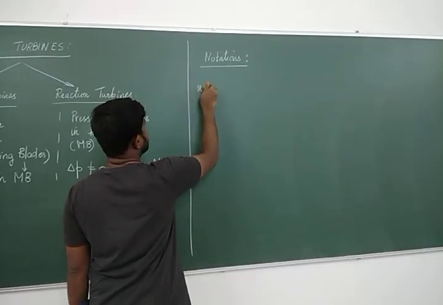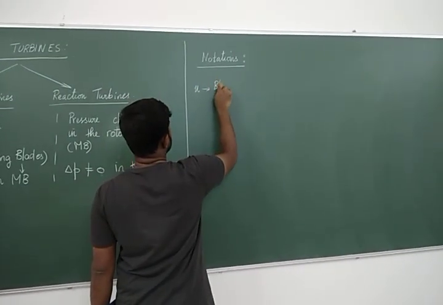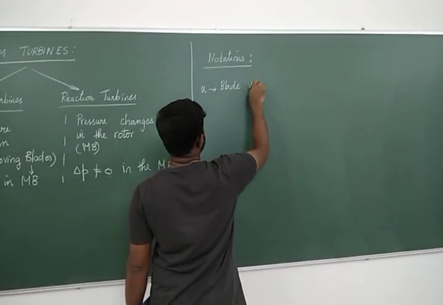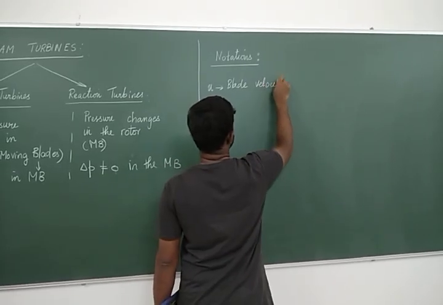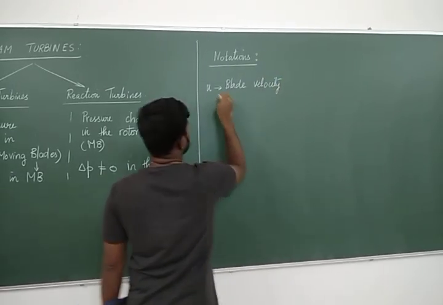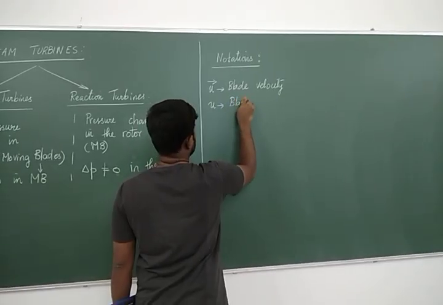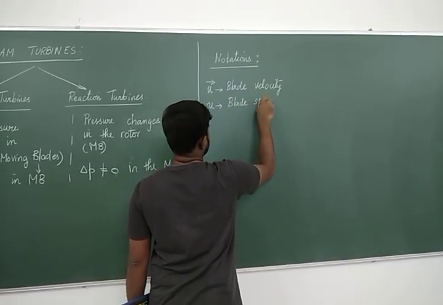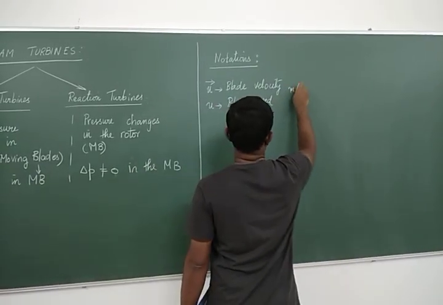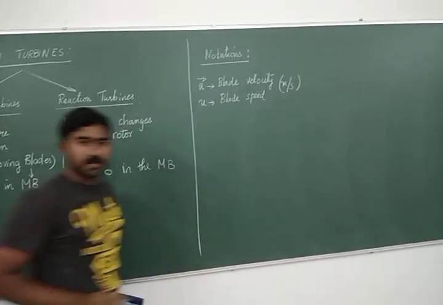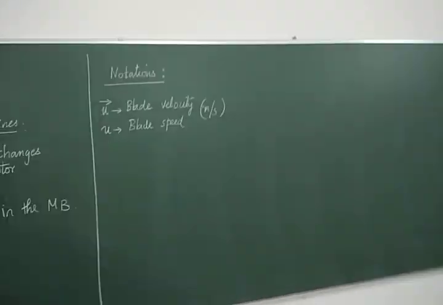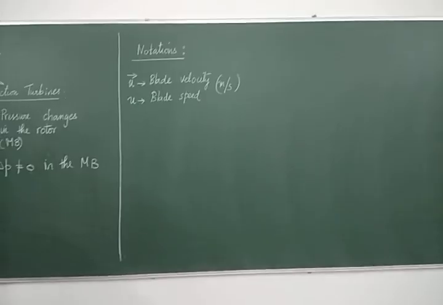U refers to the blade speed, blade velocity or blade speed. So, small u refers to the velocity of the blade.